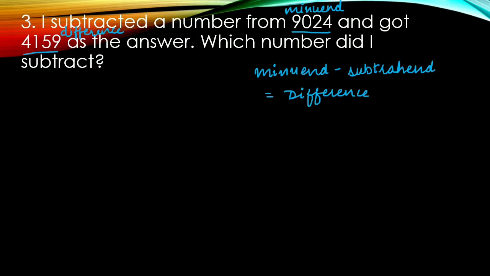Which number did I subtract means we have to find out the subtrahend. To find this subtrahend, we will subtract the difference from the minuend. It will be equal to minuend minus difference.